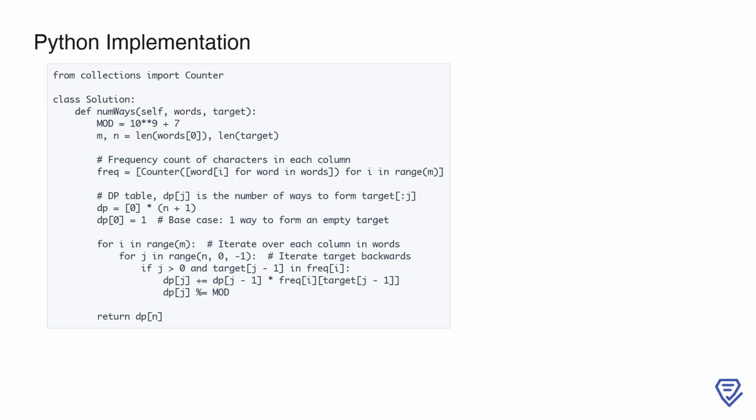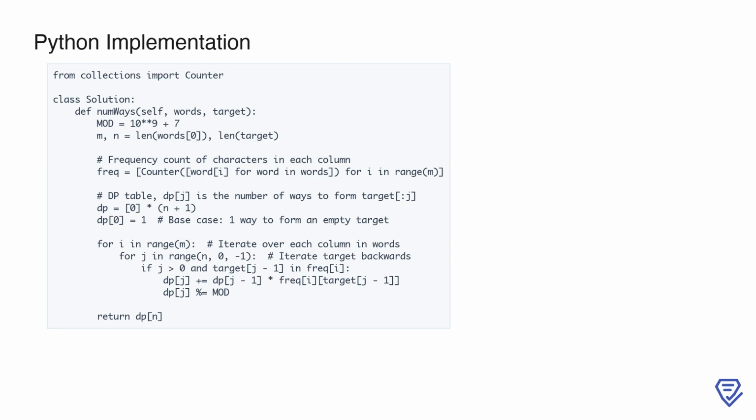The main computation involves iterating over each column of the words array, the i loop. For each column, we iterate backwards through the target string, the j loop, to ensure that the current state of dp[j] is not overwritten before it is used. If the current target character target[j-1] exists in the column, we update dp[j] by adding the product of dp[j-1], the ways to form the previous part of the target, and the frequency of the character in the column.